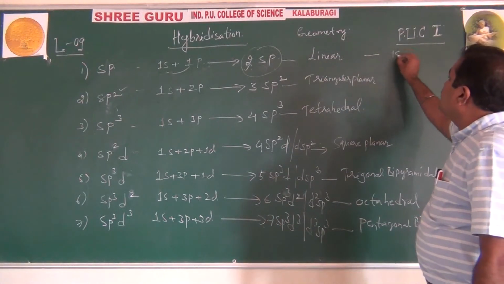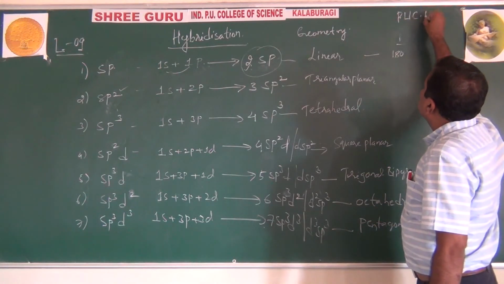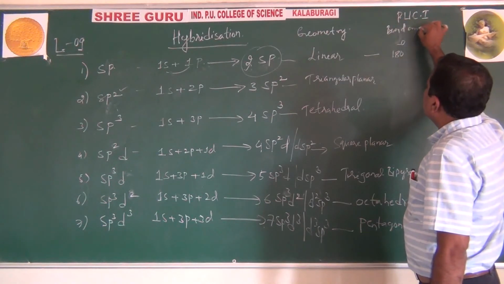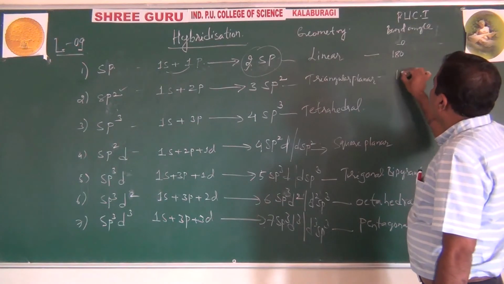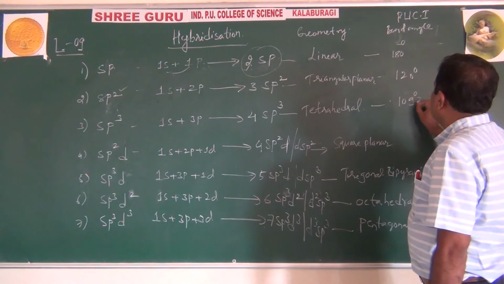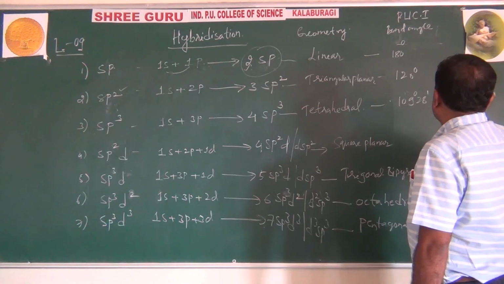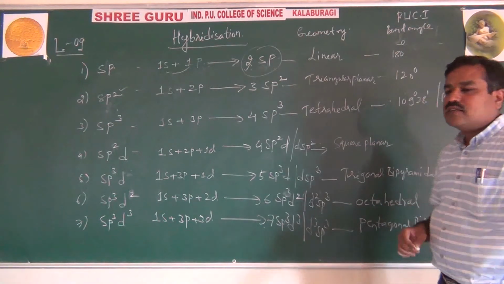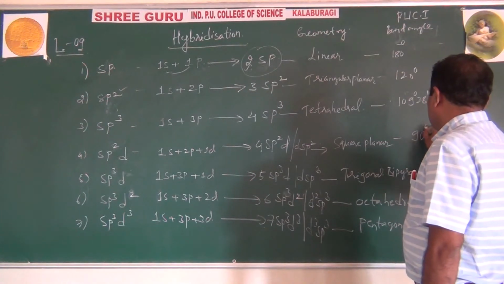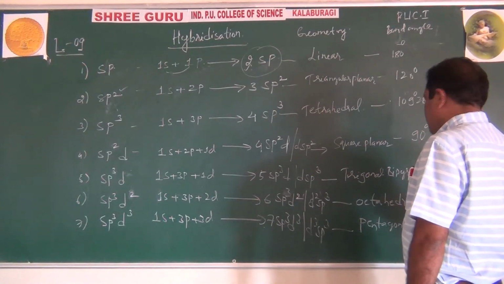Linear has bond angle 180 degree. These are fixed bond angles. Triangular planar is 120. Tetrahedral is 109 degree 28 minutes, which has now been changed to 109.5 degree in the NCERT textbooks. Now dsp2 square planar, all are 90 degree. For trigonal bipyramidal, 5 bonds are there.